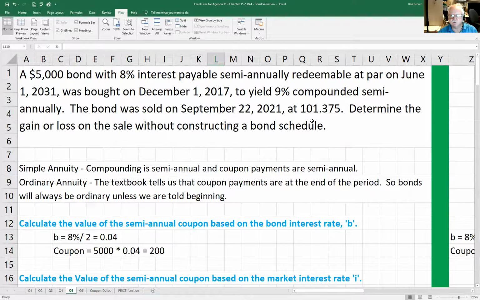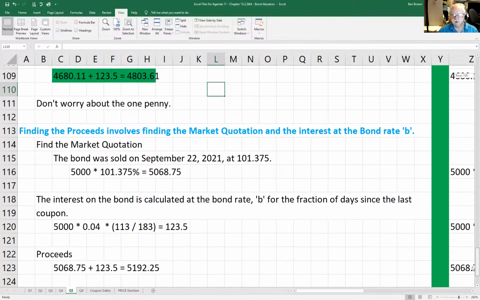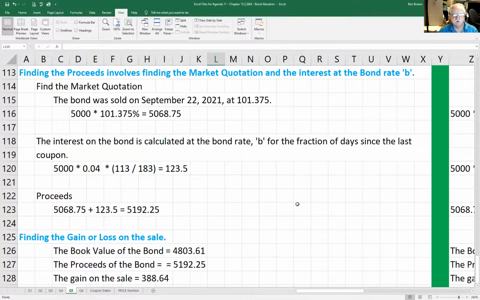This is referred to as the market quotation. And they use that to generate a value for the bond. So the market quotation would be 5,000 times this 101.375, and that equals this.